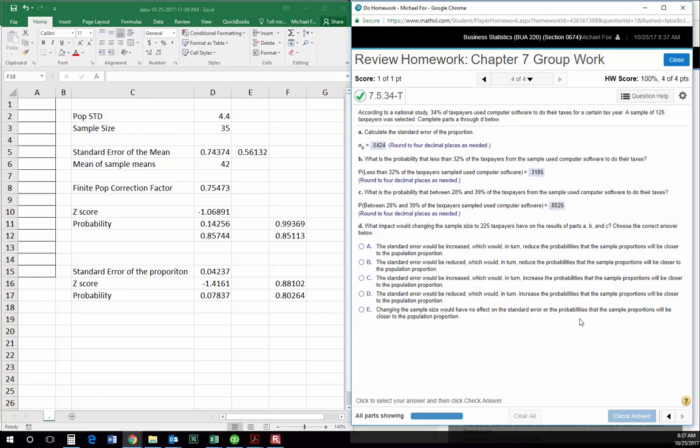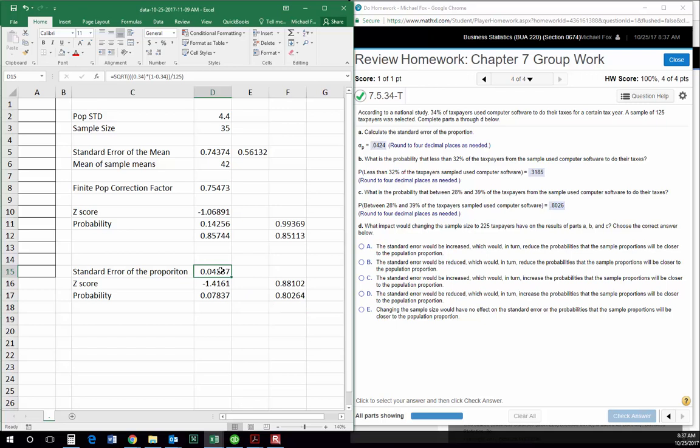And then the question is, what impact would changing the sample size to 225 taxpayers have on the results? I think the easiest way to answer this is to simply come up here to where we're doing standard error and just change it to 225 and see what happens. So we can see our z-score went up. Our standard error of the proportion went down.